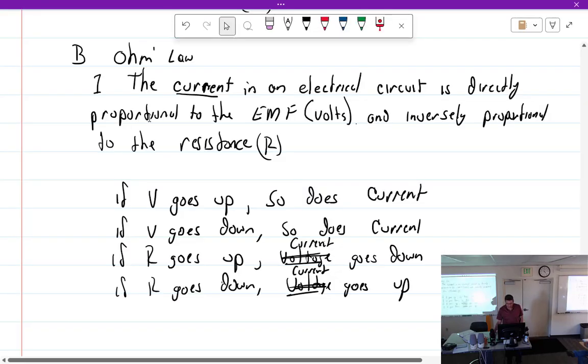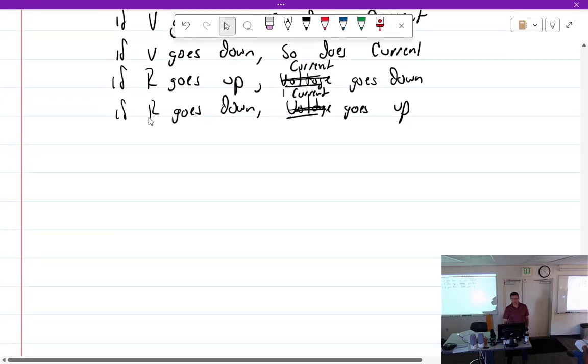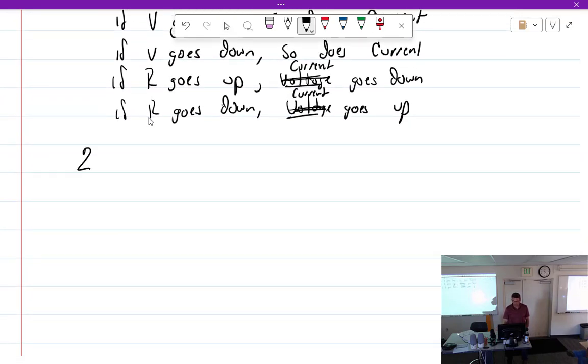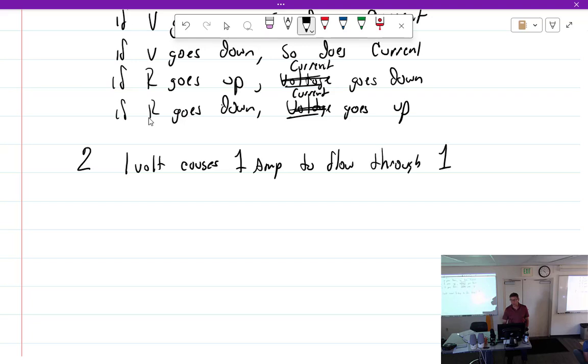So getting back to this, let me see. So Ohm's law goes on to say, or to greater define it, 1 volt causes 1 amp to flow through 1 ohm of resistance.